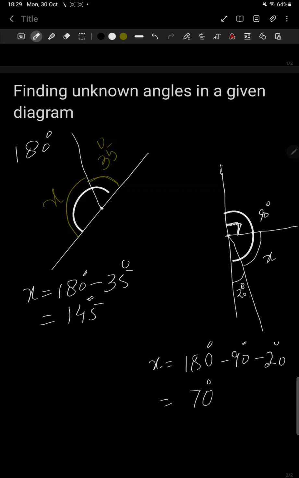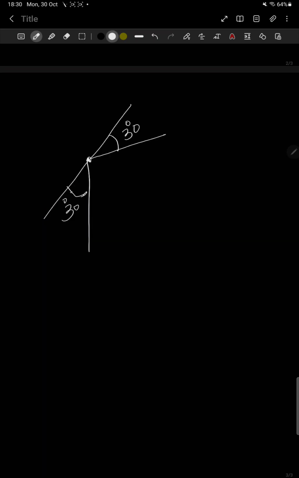Now let's see another example. Here in this diagram we can see that there is a straight line, this one. The angle over here must be 180 degrees. If a straight line is there, the angle at the top and the angle at the bottom must be 180 degrees.